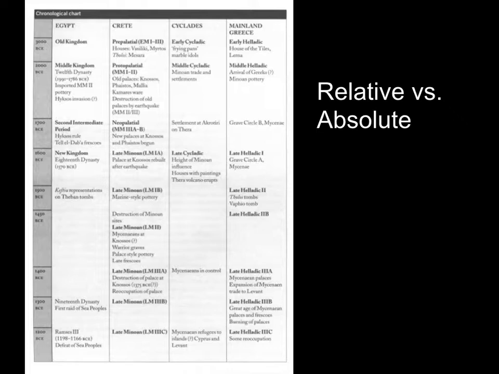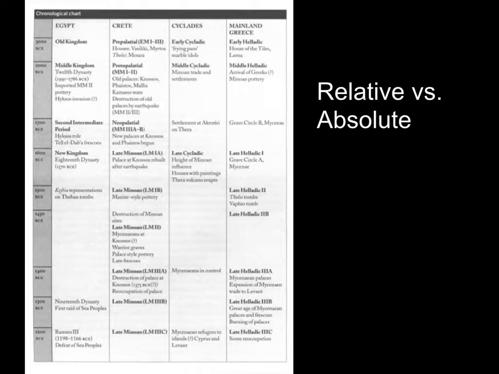The New Kingdom of Egypt coincides with the late Minoan period on Crete, the late Cycladic period in the Cyclades, and the beginnings of the rise of the late Helladic period on the mainland. That's where we start getting mainland activity happening.